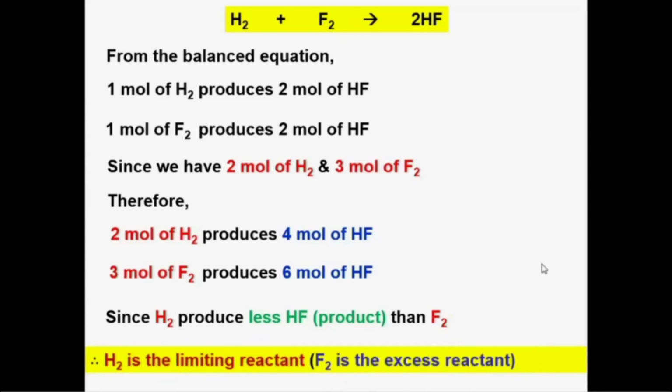So this is another method, the second method to determine the limiting reactant, but this time it is based on which reactant produces less product. The one that produces less product will become the limiting reactant. So this is the second option.